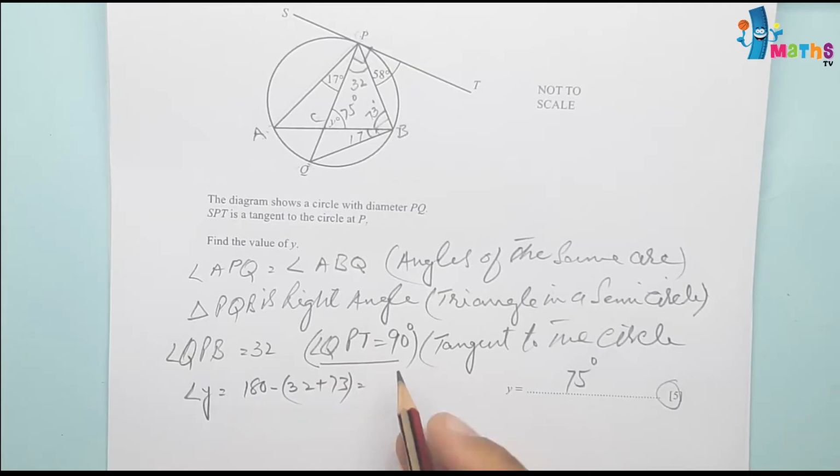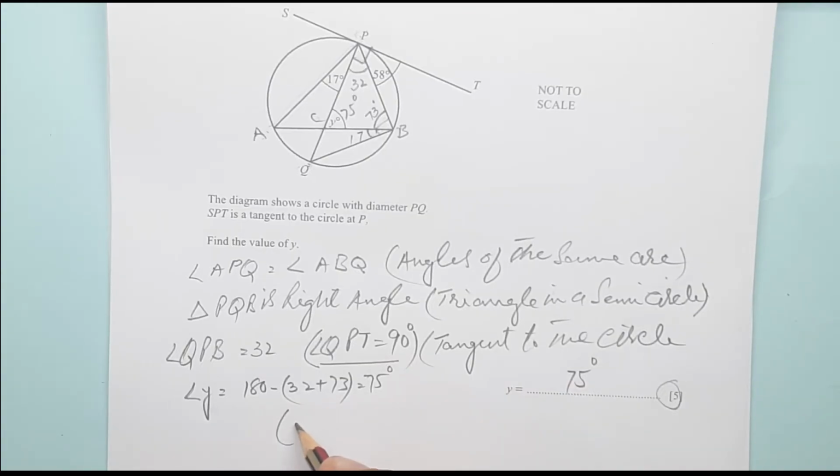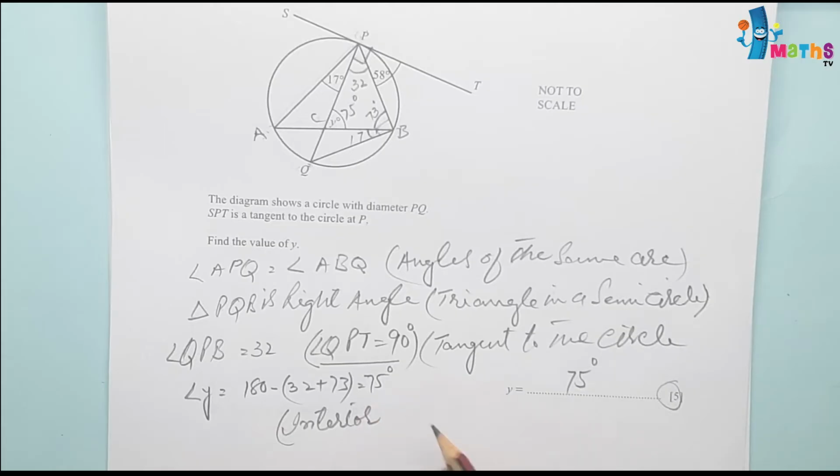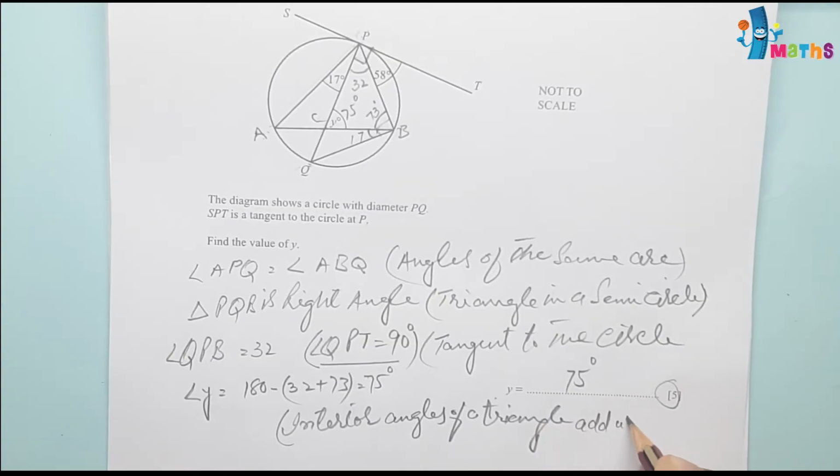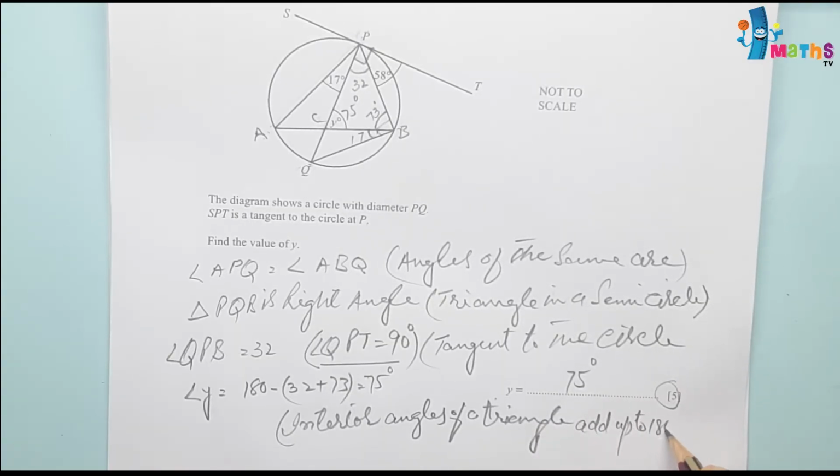So this is equal to 75 degrees, and reason we can write interior angles of a triangle add up to 180.